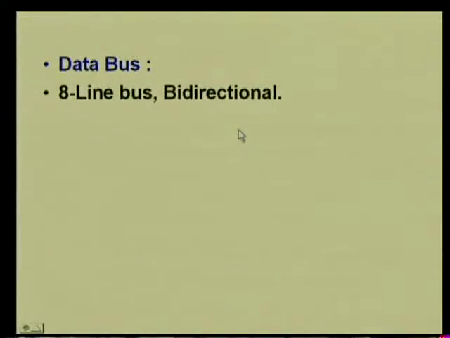Now let us see about the data bus of 8085. The data bus here is an 8-line bus. It consists of 8 lines for data transfer, that is, 8 bits of data can be transferred at a time. It is bidirectional. The data can be sent by the processor to the peripheral, or it can receive data from the peripheral.